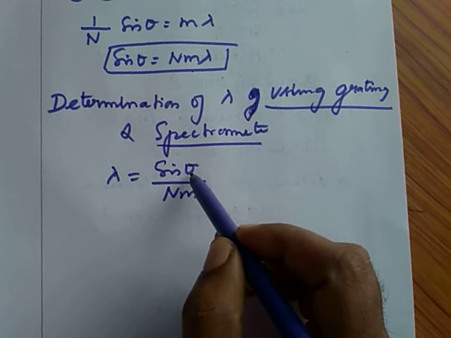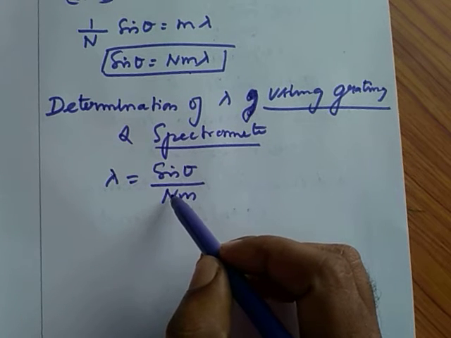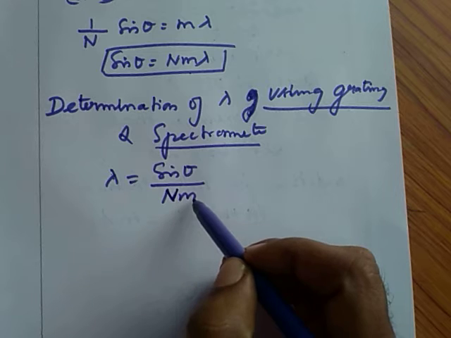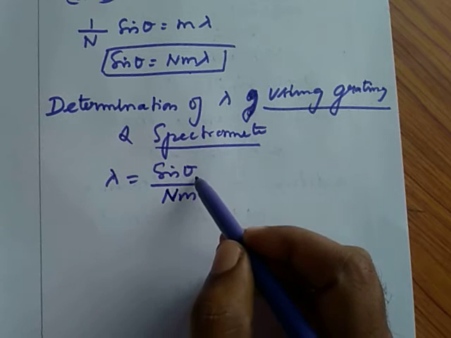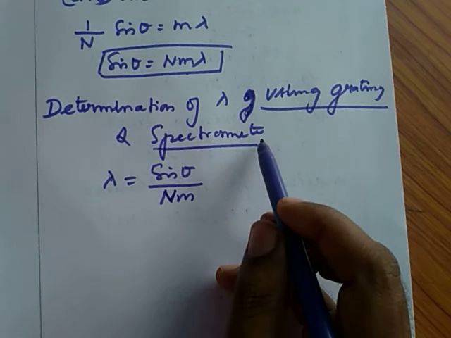This n is already given on the grating. We need to know the theta value and m, the order of diffraction and the angle of diffraction. That's why we are using the spectrometer.